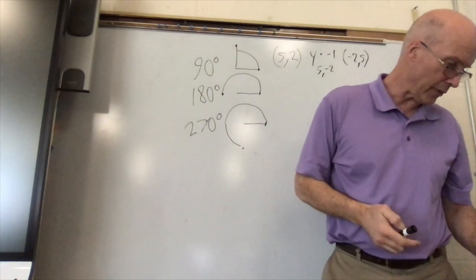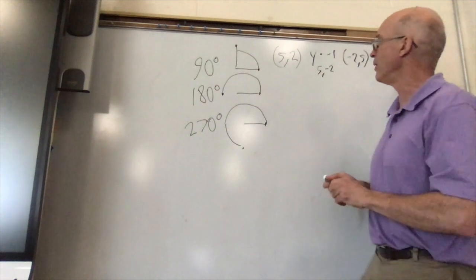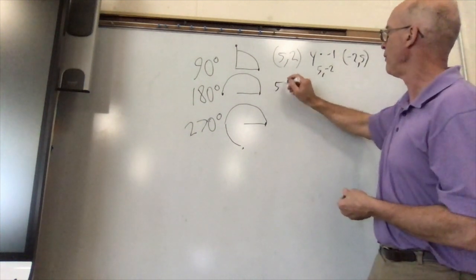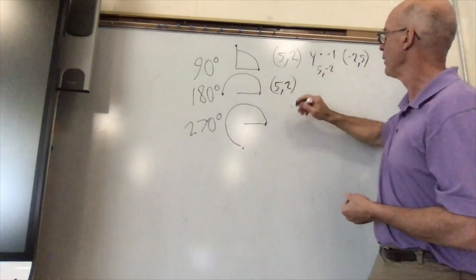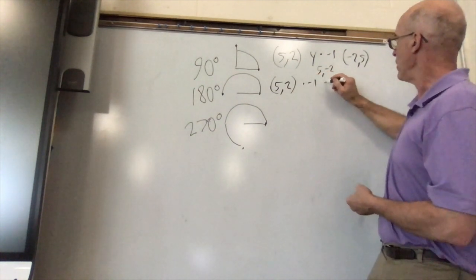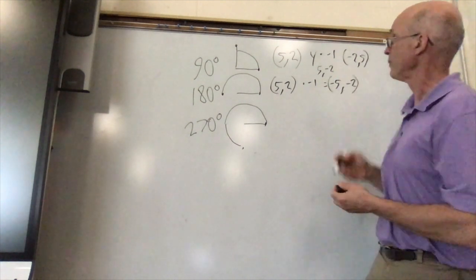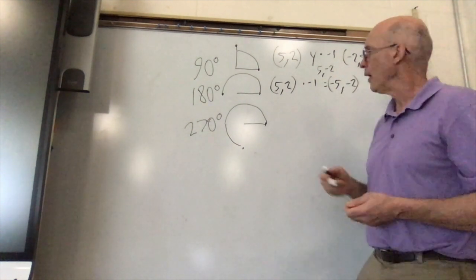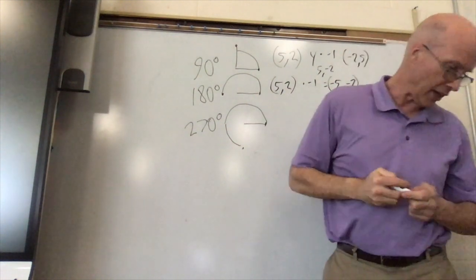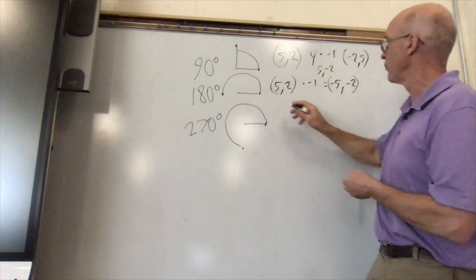For a 180 degree rotation, you multiply both coordinates by negative 1. So if you had 5, 2 here, you multiply them both by negative 1, and you're going to end up with negative 5, negative 2. If you want a 270 degree rotation, you multiply the x coordinate by negative 1 and you flip the two.